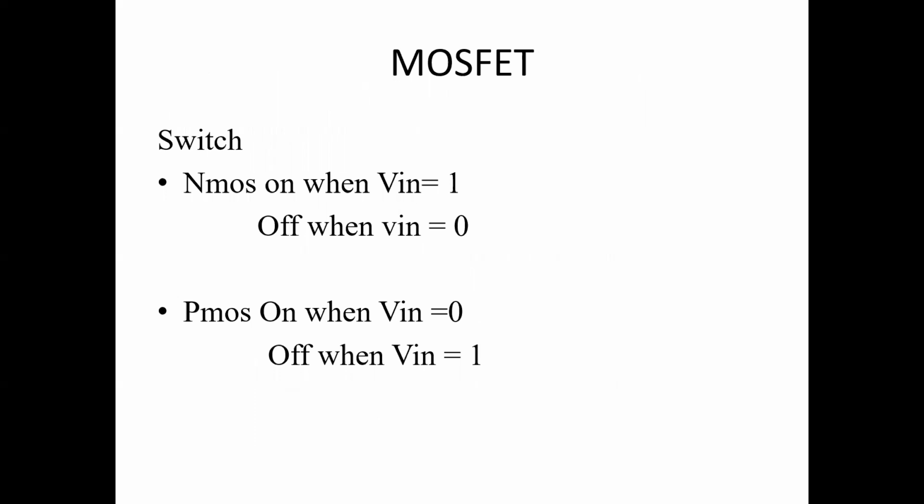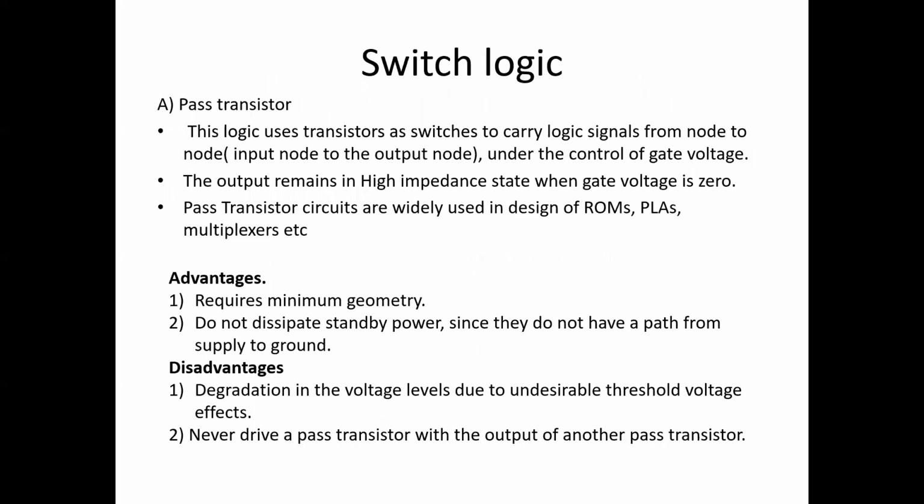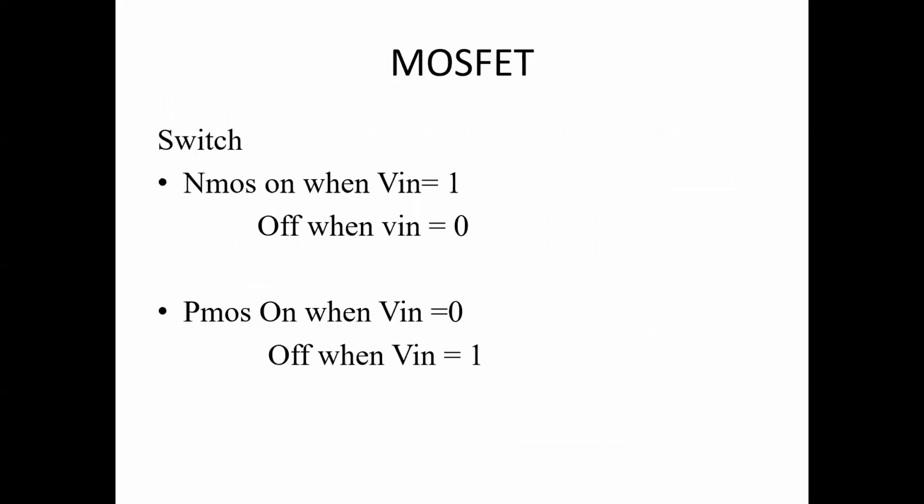Coming to the MOSFET, which works as a switch. We know there are two types of MOS transistors, NMOS transistor and PMOS transistor. The NMOS transistor is on when the gate signal is 1 and it is off when the gate signal is 0.